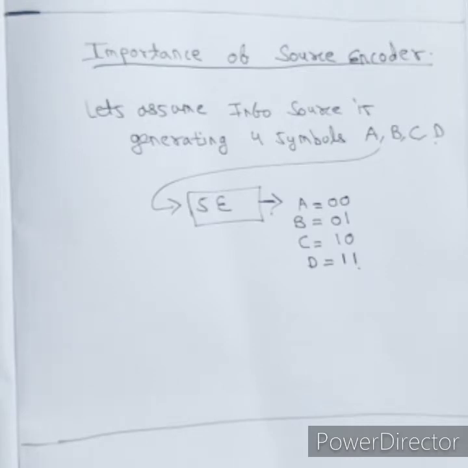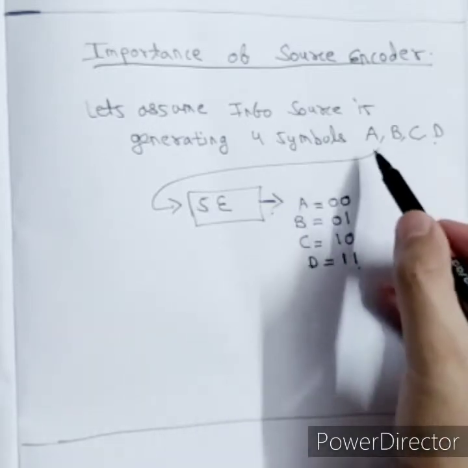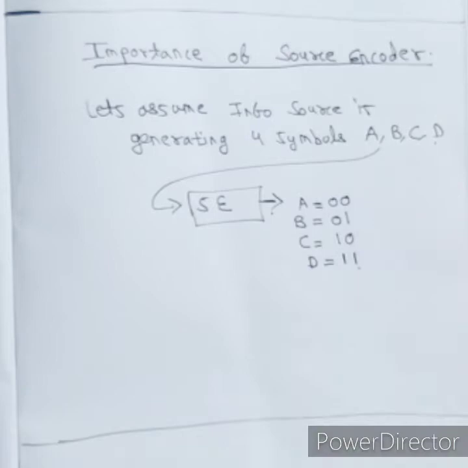This is the best way only if my symbols are equiprobable. That means the probability of occurrence of a particular symbol is the same. That means each symbol has a probability of occurrence of 1/4, as there are four symbols.